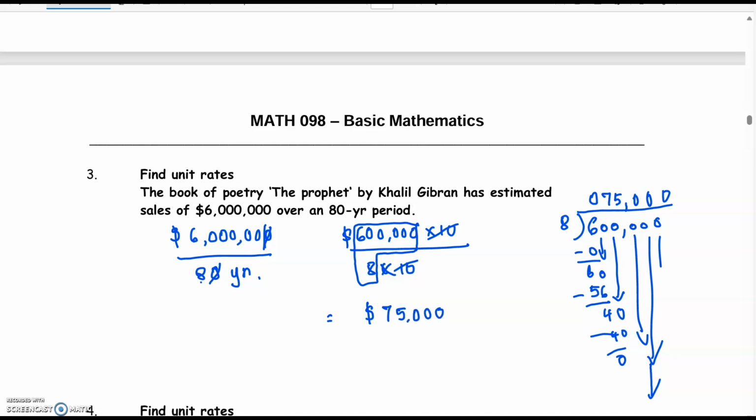So 600,000 divided by 8 is $75,000. But remember, the units in the denominator have not cancelled. Per 1 year. So an extra 1 here. Per 1 year. So that's $75,000 per year.